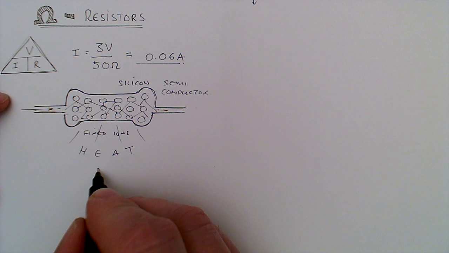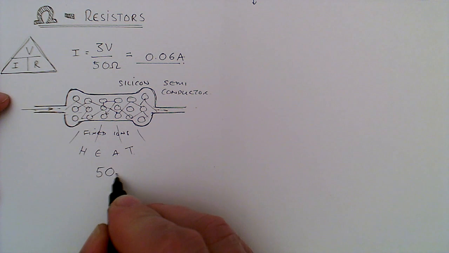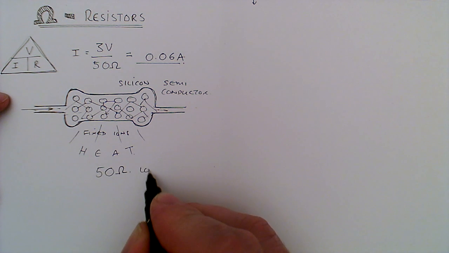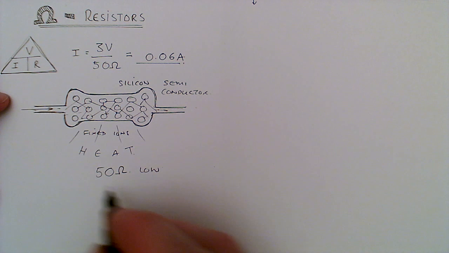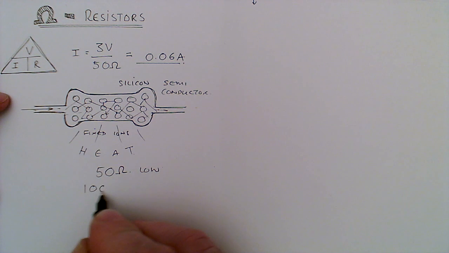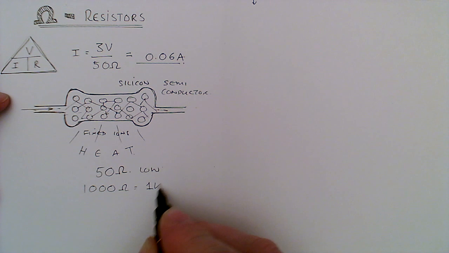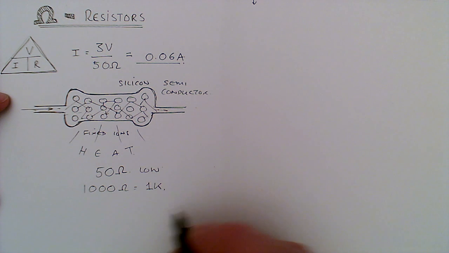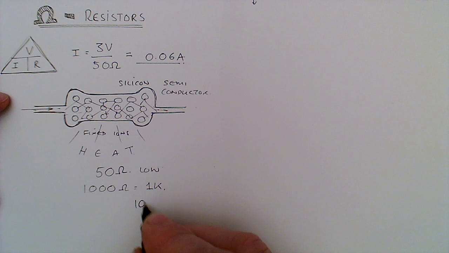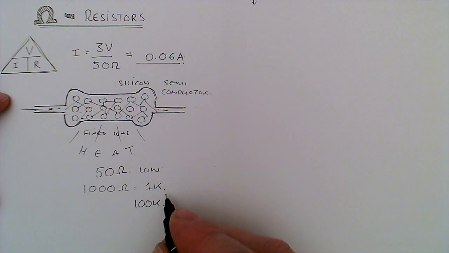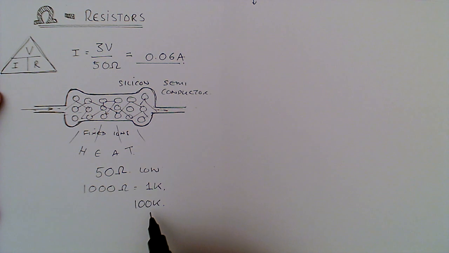And we use a resistor of 50 ohms, which is quite a low resistance, and quite typically we sometimes deal with values of 1000 ohms, which we refer to as 1K, and it's common to see 2K, 5K, even 100K or more, depending on the need of the circuit.